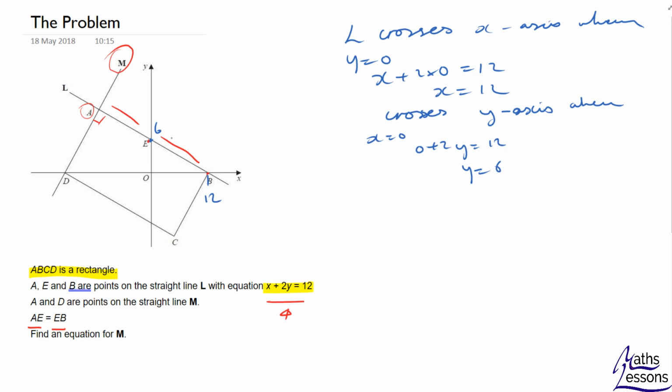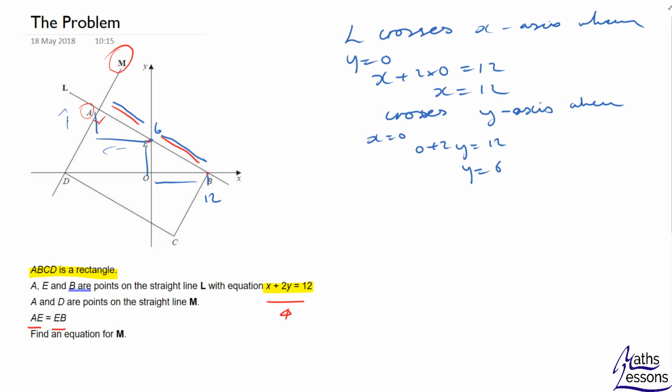Now we know that these two distances are equal. Therefore, if that angle doesn't change, that triangle there must be the same as this triangle here. So the x distance we're moving along is going to be the same, and the y distance is going to be the same up.